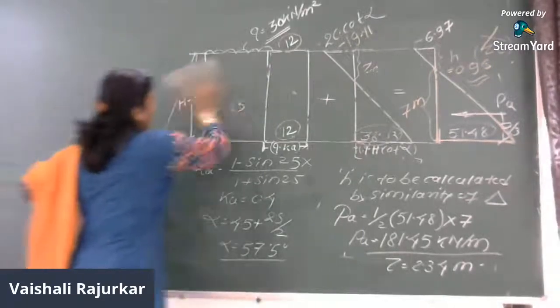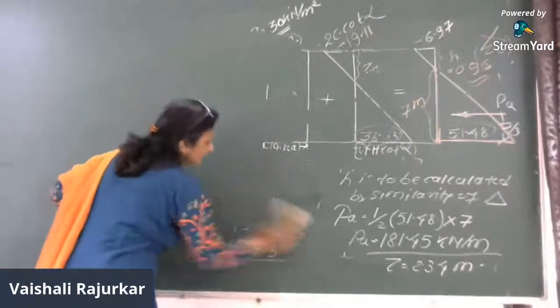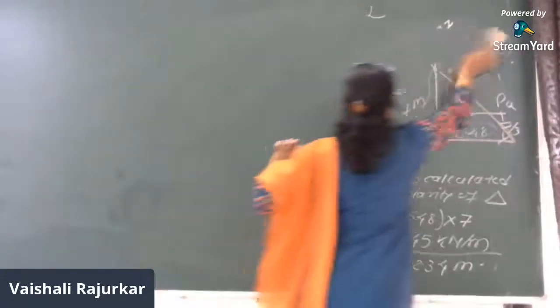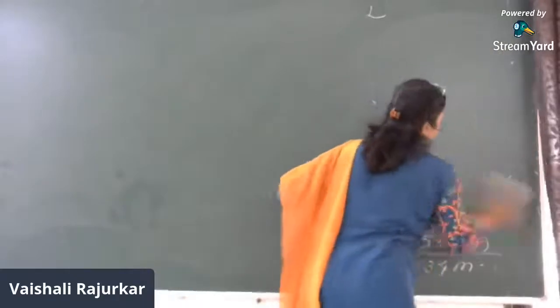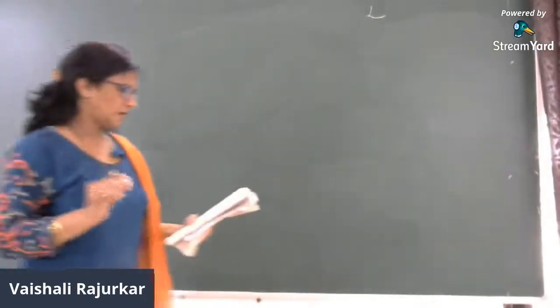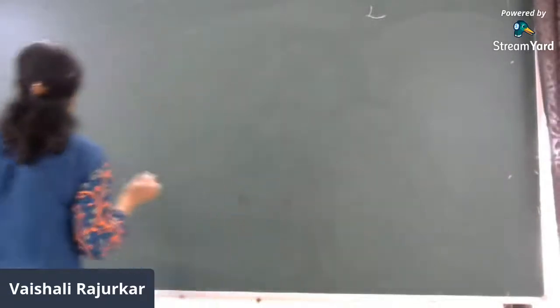Now we will take one more problem where there is a layered soil. Now in this case, we will consider a retaining wall of 7 meter height.